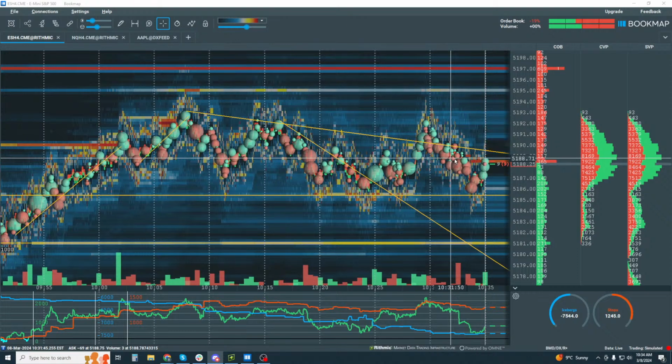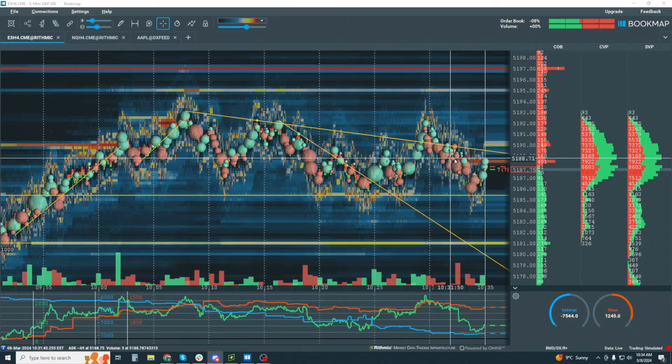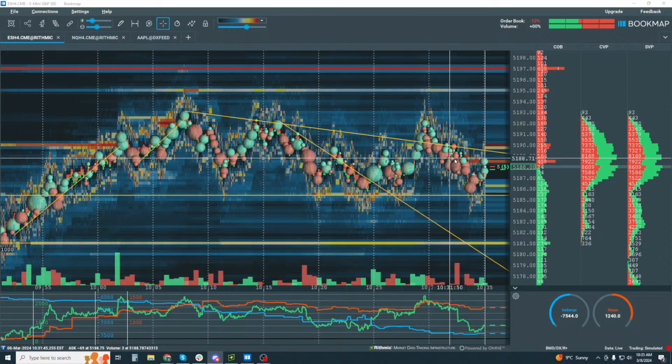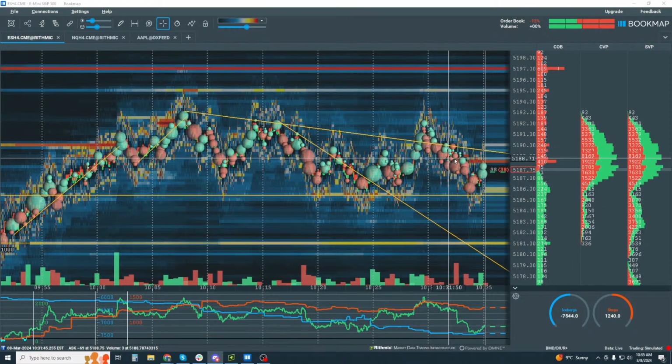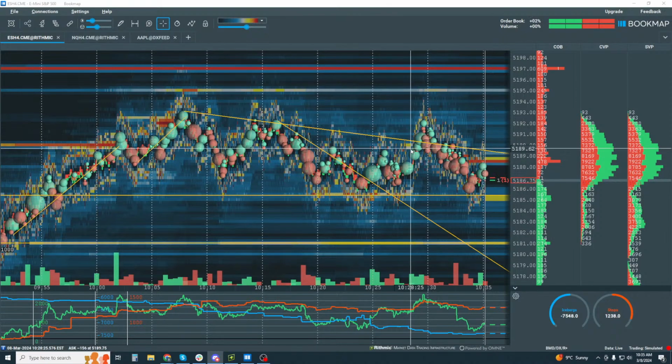Okay, but he took money out of the market, because he understood how to manage the trade really well, and that's golden, right?